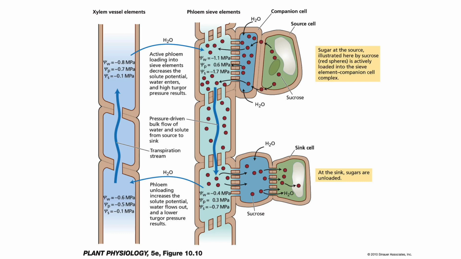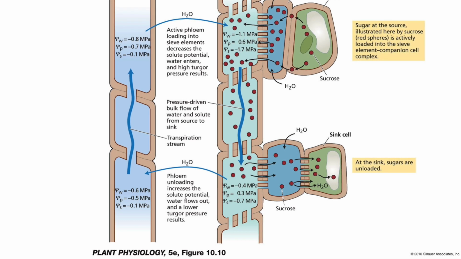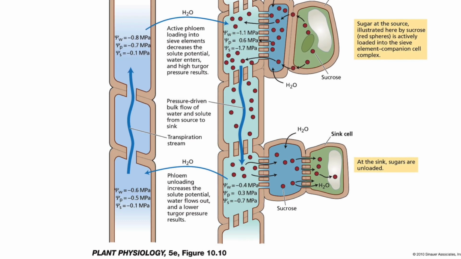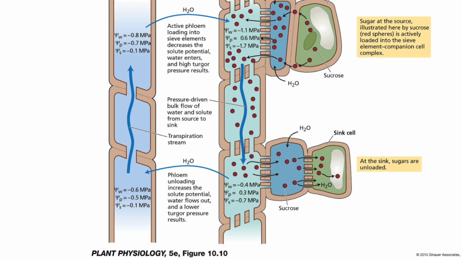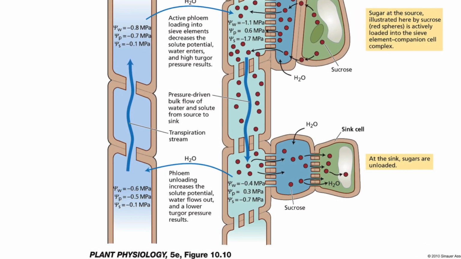So in this mechanism, we can look at the xylem here, and we can see that the xylem, as we've learned in the past, operates under tension, with water potentials that are in the negative values. If we look at the lower cell in the xylem, we can see that the water potential is equal to minus 0.6 megapascals.